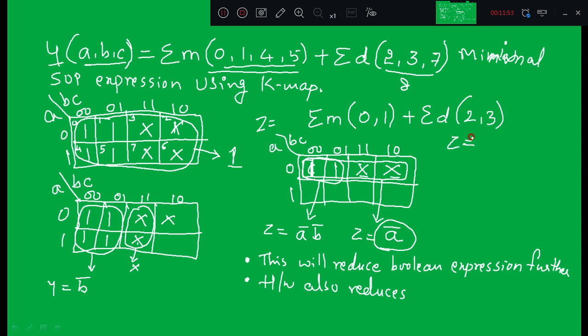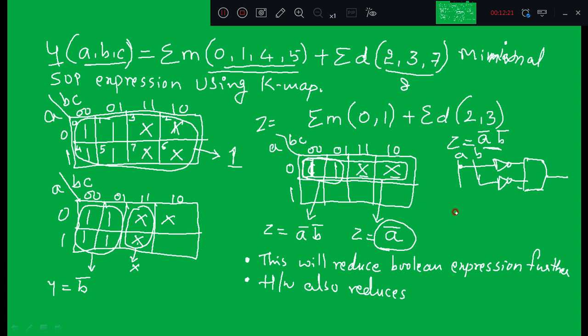We'll take these two expressions, A bar B bar, and A bar. If I draw a logic diagram for the first, we have two inputs A and B. I'll obtain A bar first, then B bar, then there is an AND operation between them. This is the hardware requirement for this expression without including the don't care terms.